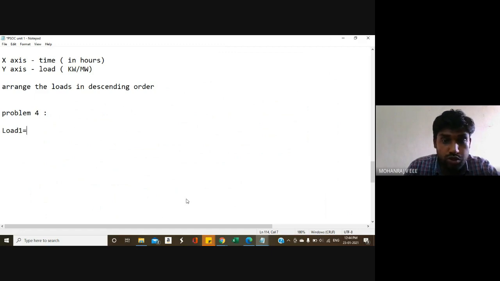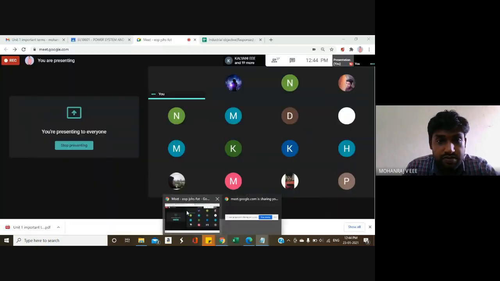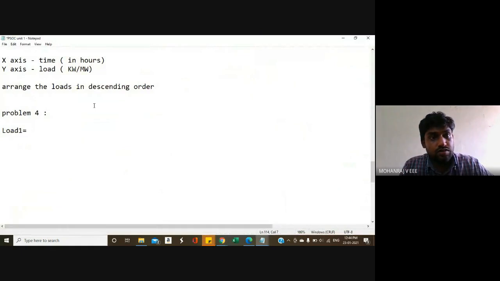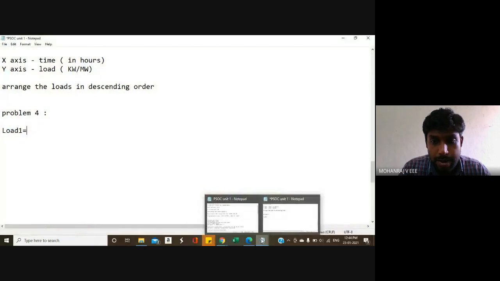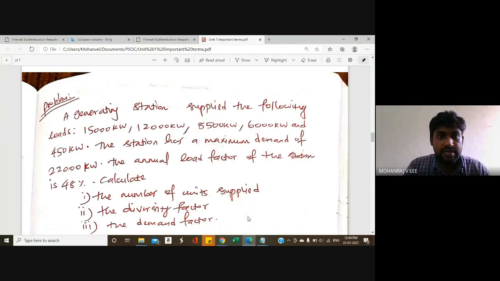What is the value of load 1? Load 1 is 15,000 kilowatts.